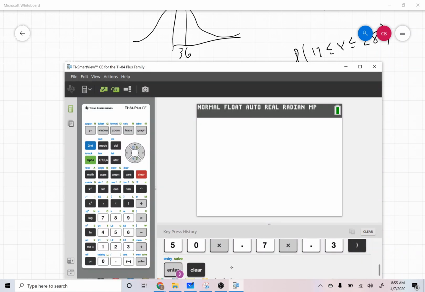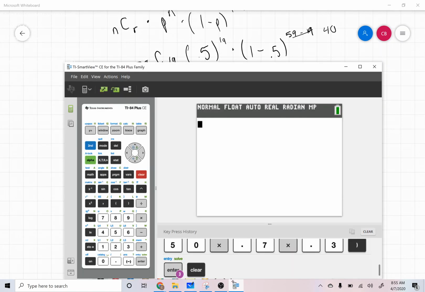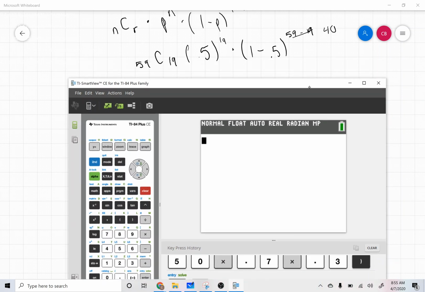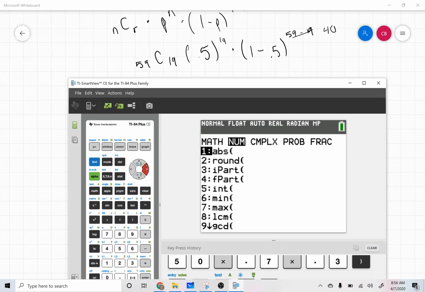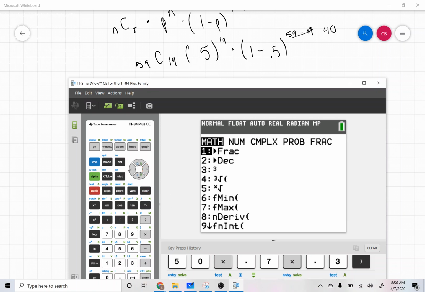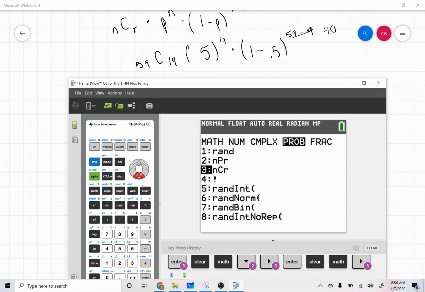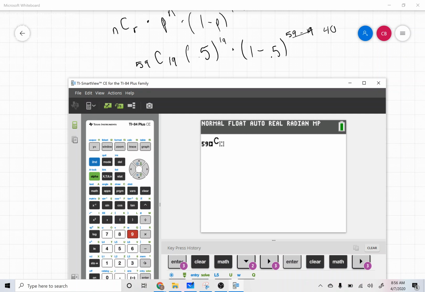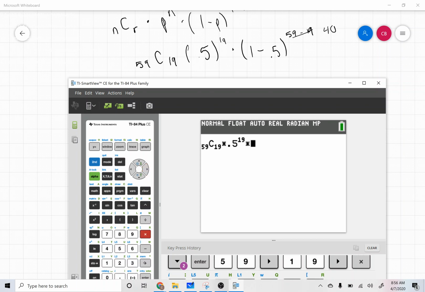So if we use the calculator, we're going to do math, probability, enter, math, 59 choose 19 times 0.5 raised to the 19 times 1 minus 0.5 raised to the 59 minus 19, that's 40.